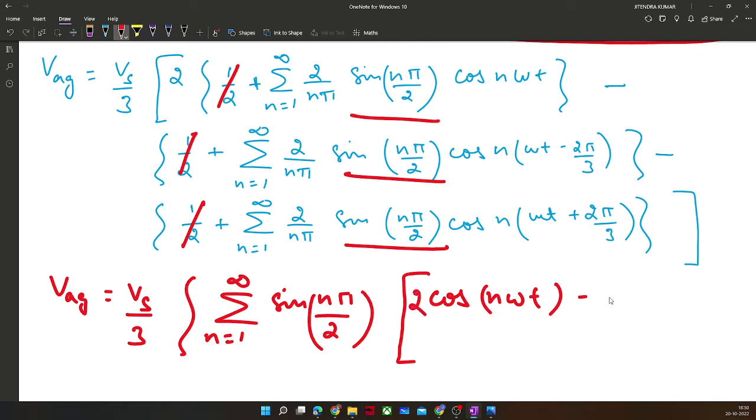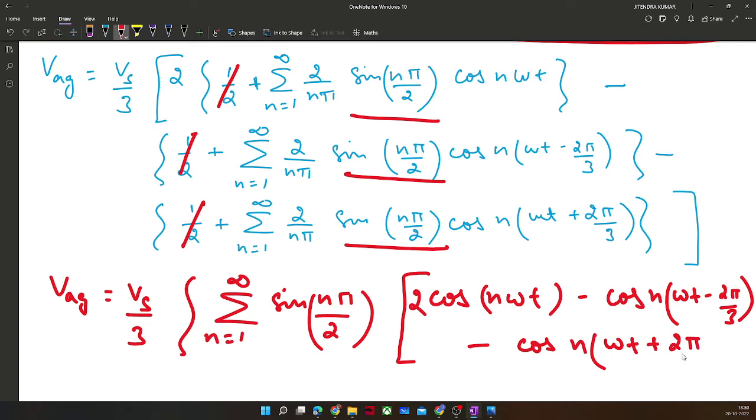This will be 2 cos n omega t minus cos of n omega t minus 2 pi by 3 minus cos of n omega t plus 2 pi by 3.